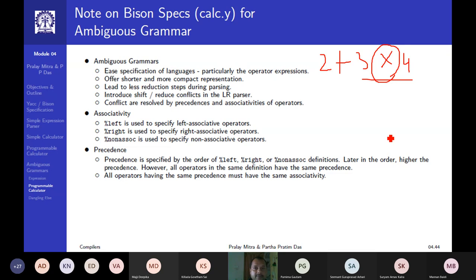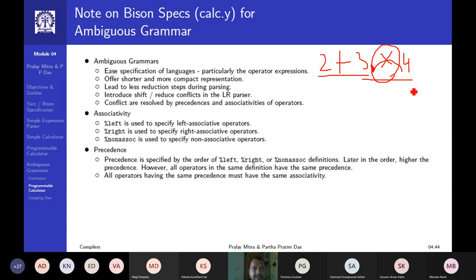And that problem, I mean, after reaching this position, when dot is at this position, then the question is whether I will reduce 2 plus 3, I mean, I will evaluate 2 plus 3, or I will shift to the next after the multiplication. So that as of now we were discussing or deciding based upon look ahead information.